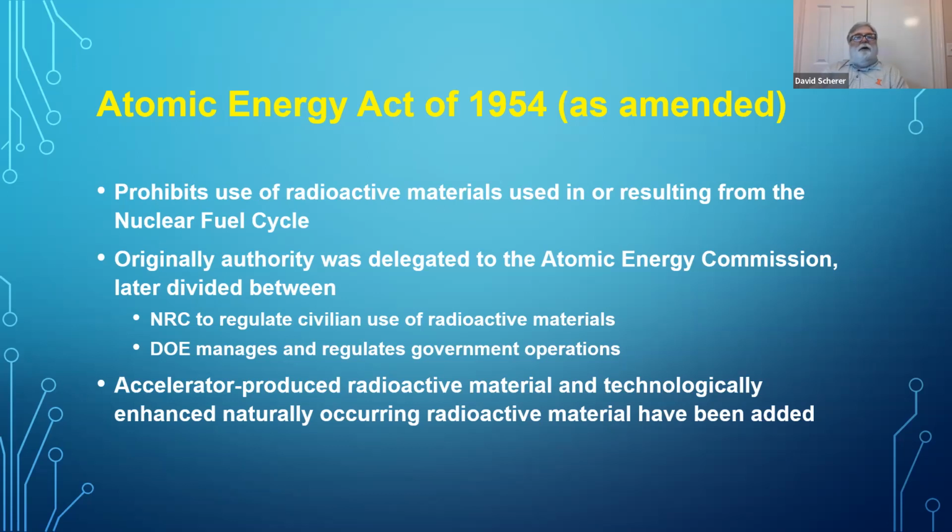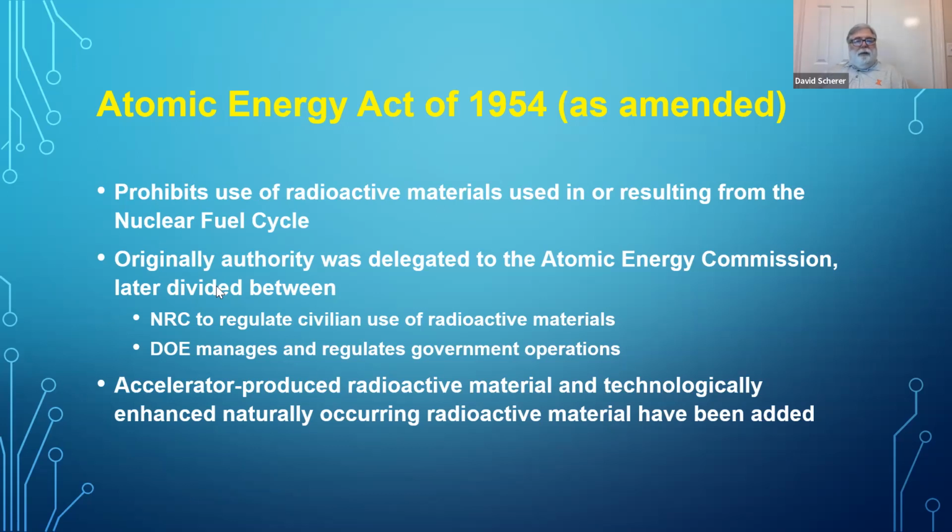Period. Done. No one can use it. However, the law allows the government, at the time the Atomic Energy Commission, to give people licenses to use radioactive materials. So a license is permission to do something that people are not ordinarily allowed to do without permission.